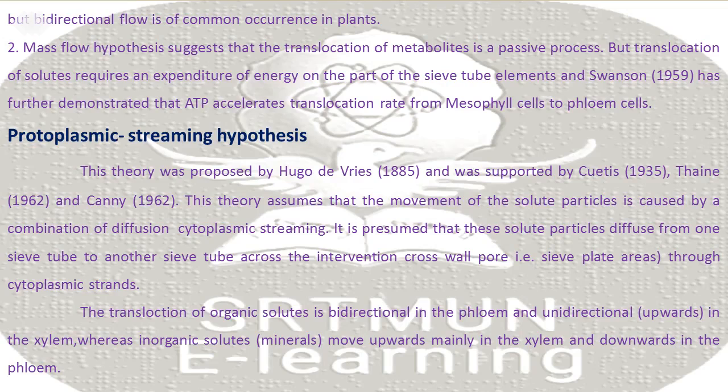Second, the mass flow hypothesis suggests that the translocation of metabolites is by passive pressure, but translocation of solutes requires an expenditure of energy on the part of the sieve tube elements, and Sohn in 1959 has further demonstrated that ATP accelerates translocation rate from mesophyll cells to phloem cells.